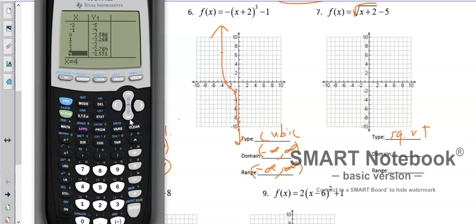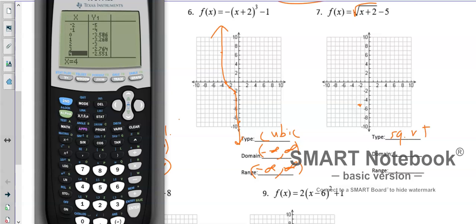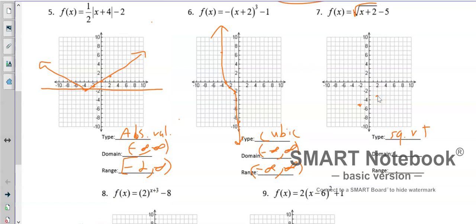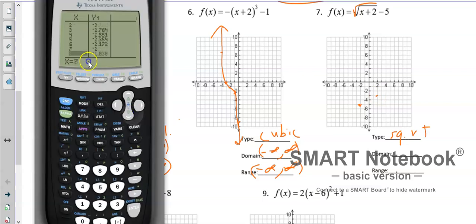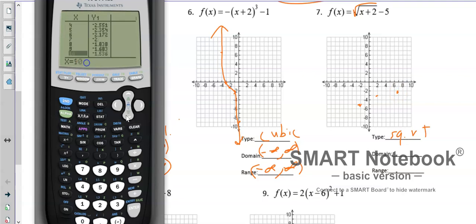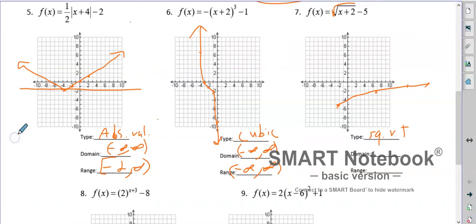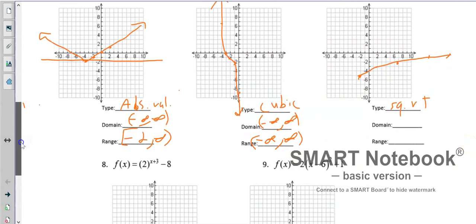So it's -2, -5, and 2, -3, and 7, -2, and 14, -1. So we really can't graph that, just kind of guessing. And it looks something like so. So for domain and range, domain, whoops, how far left does it go?